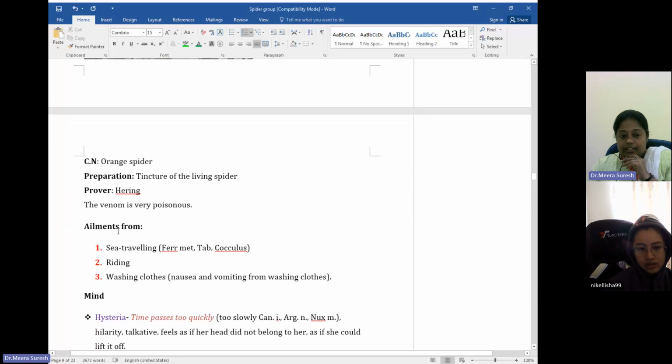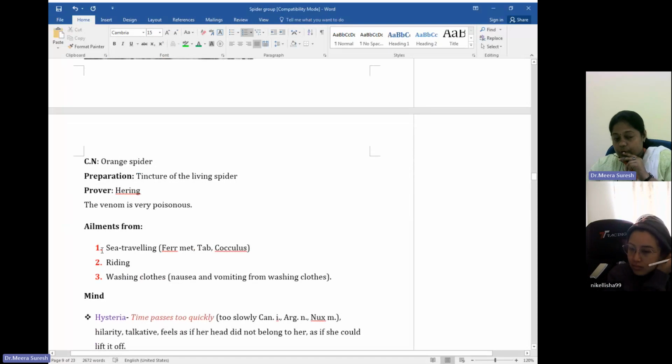So there is sickness from traveling in the sea, or riding in any carriage. Presently we can consider it as a train or a car, and in earlier times they were usually using horse carriages. So traveling or riding in that carriage was a problem. For sea traveling, we have other remedies: Petroleum, Tabacum, and Cocculus.